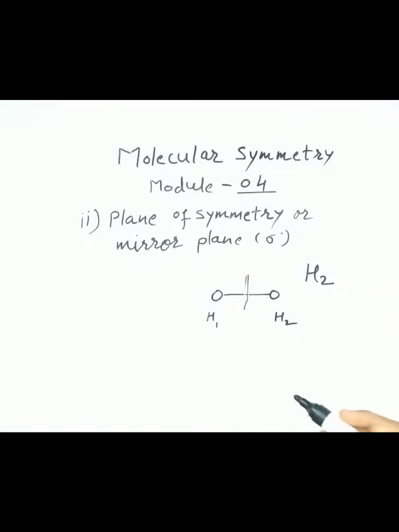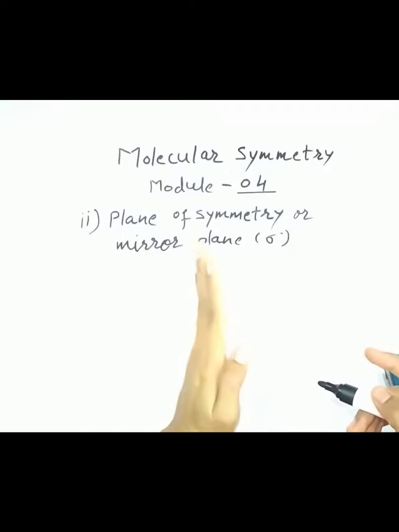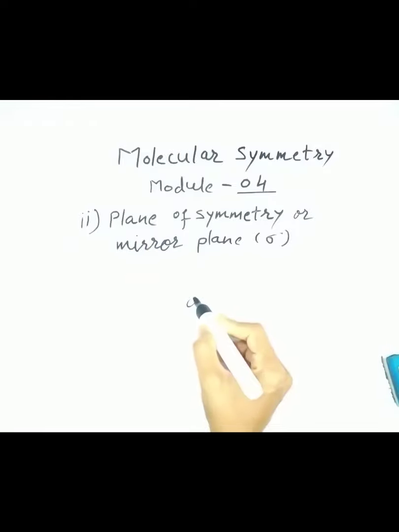Means we can say that H2 contains a mirror plane. So in more proper language, we can define the mirror plane or plane of symmetry: if in a molecule there exists a plane which bisects the molecule into two equal halves.